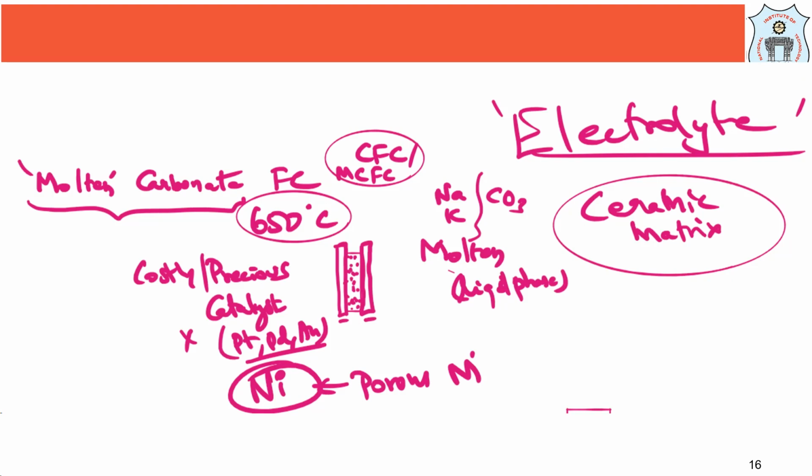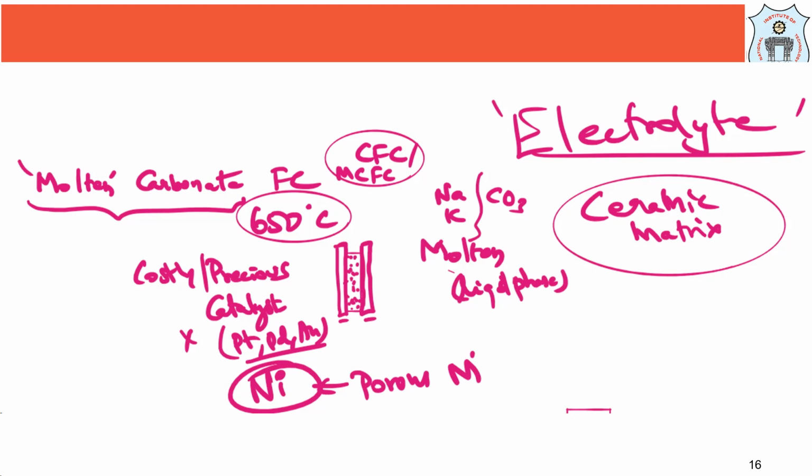So coming to molten carbonate fuel cells, the reaction that takes place in them can be given here. Molten carbonate fuel cell means that we are going to have some salt, whatever salt, it can be sodium salt or potassium salt or any other salt.